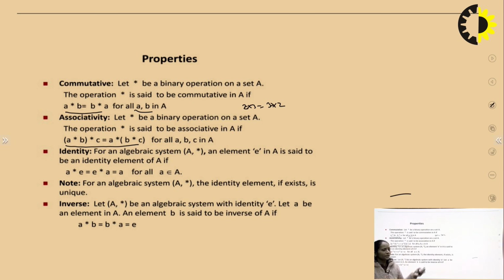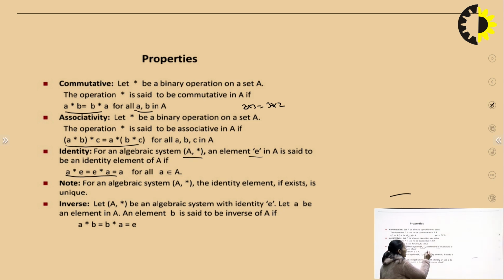What is the identity? For an algebraic structure (A, star), an element e in A is said to be an identity element if a star e is equal to e star a, which is equal to a, for every a belonging to A. What does it mean?